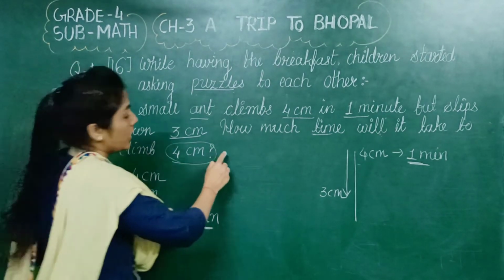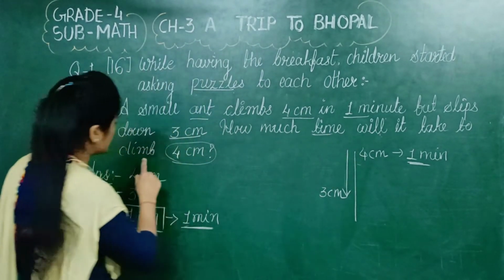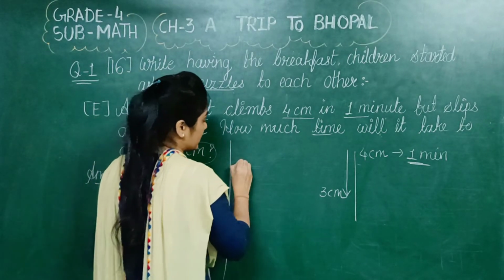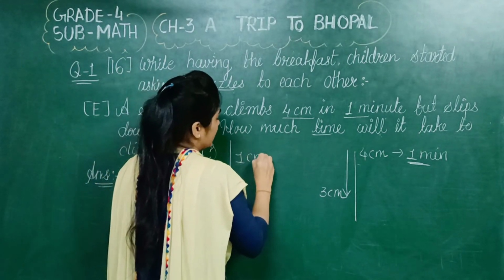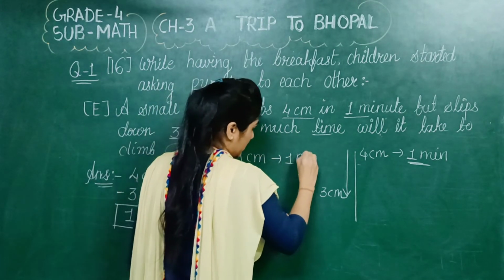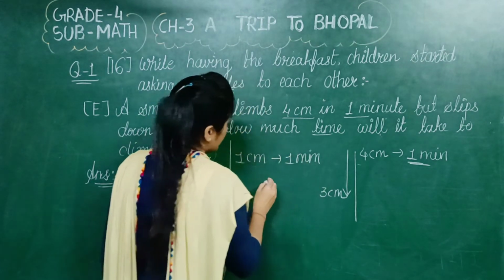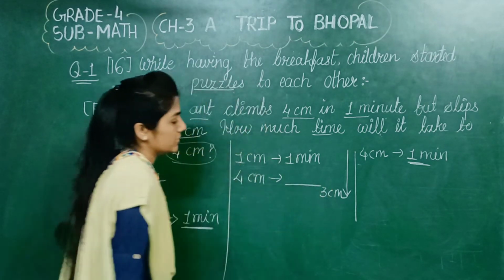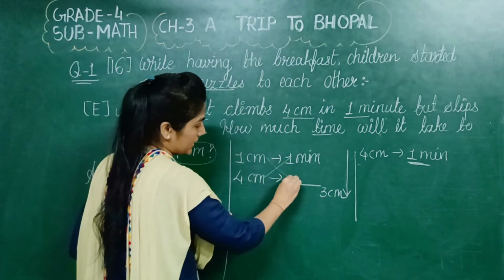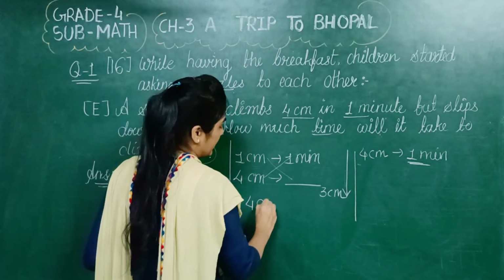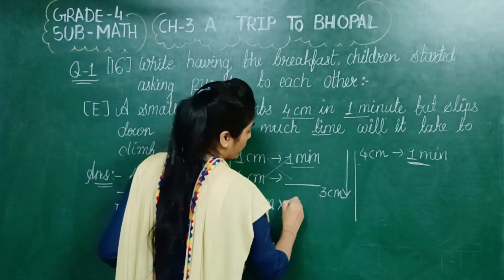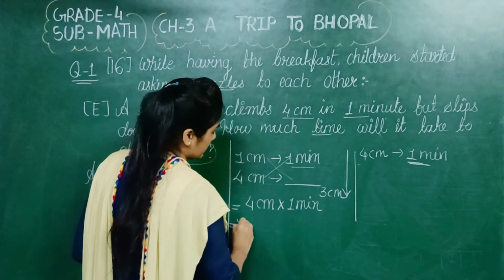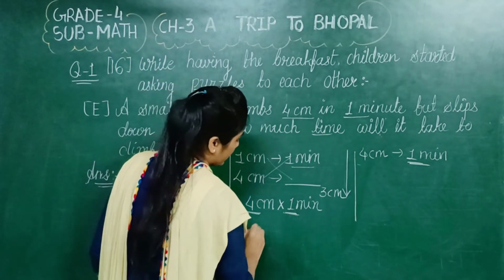Now how much time will it take to climb 4 cm? We can make the sentence this way: 1 cm in 1 minute, so 4 cm in how much time? We can do cross multiplication. 4 cm multiplied by 1 minute is 4 ones are 4.